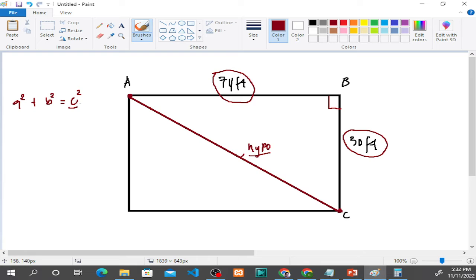So we're looking for c squared. A can be any of the legs of the triangle, so we can use AB for that.